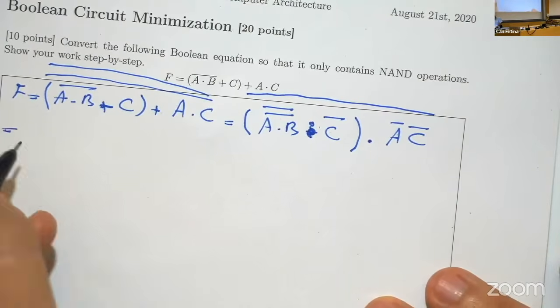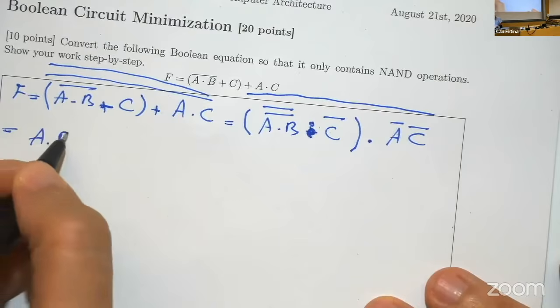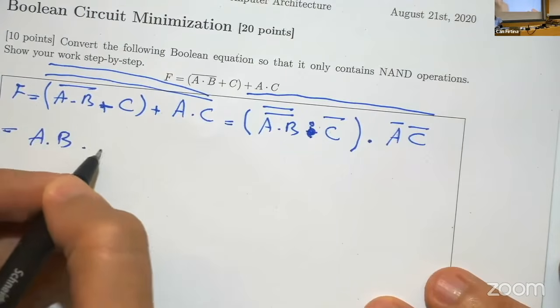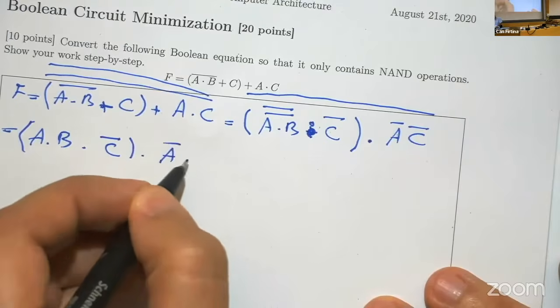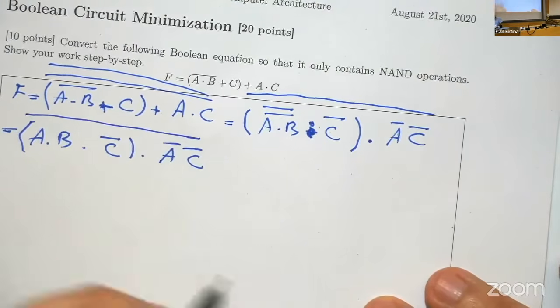So it is AB dot C bar dot A bar C bar, and bar.